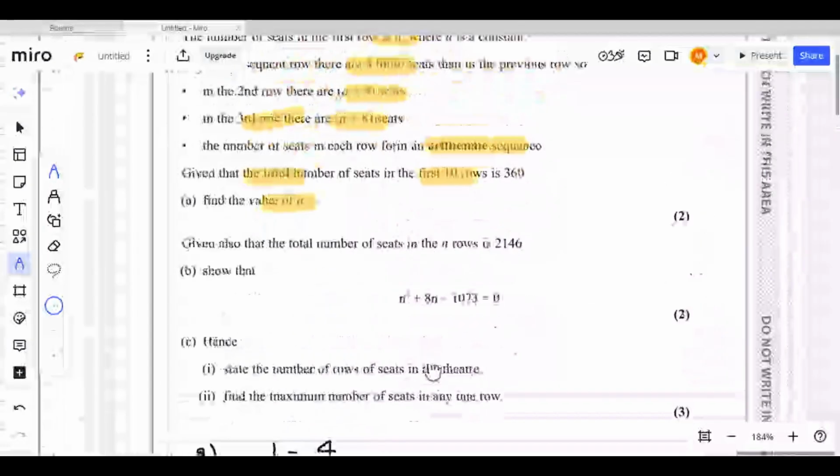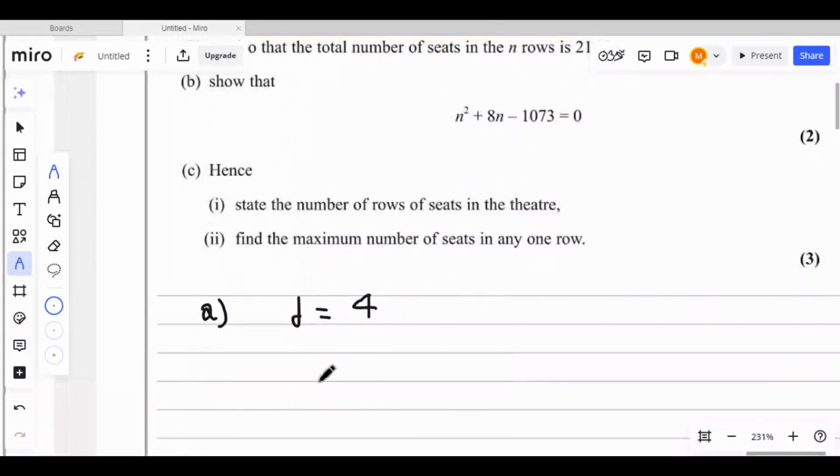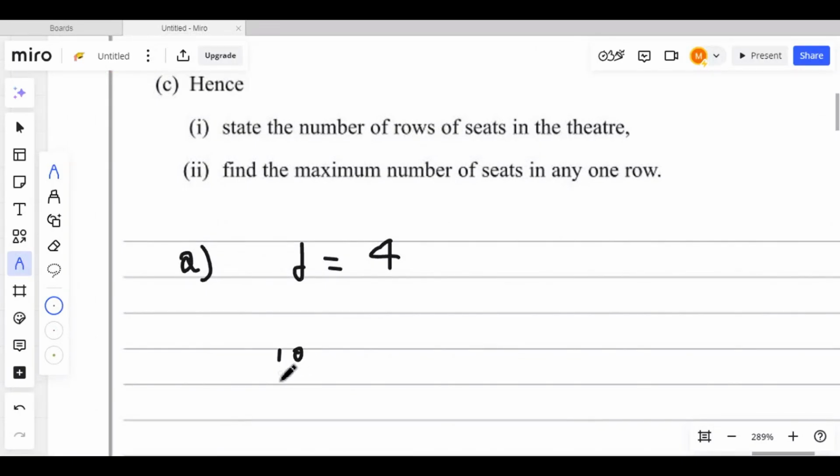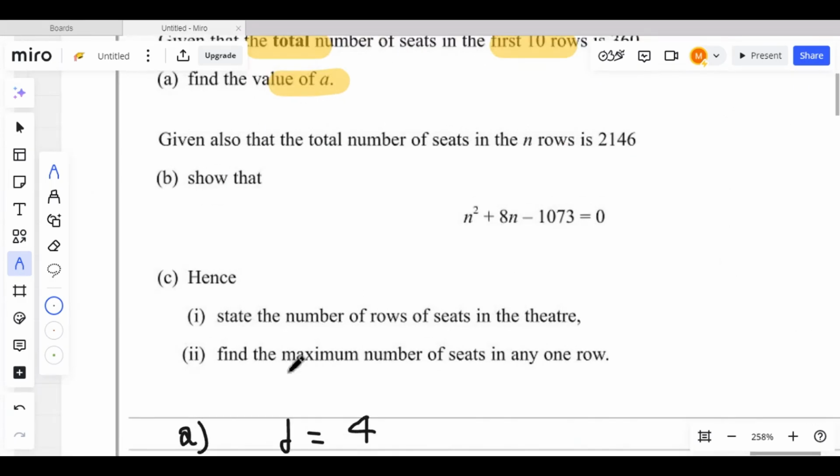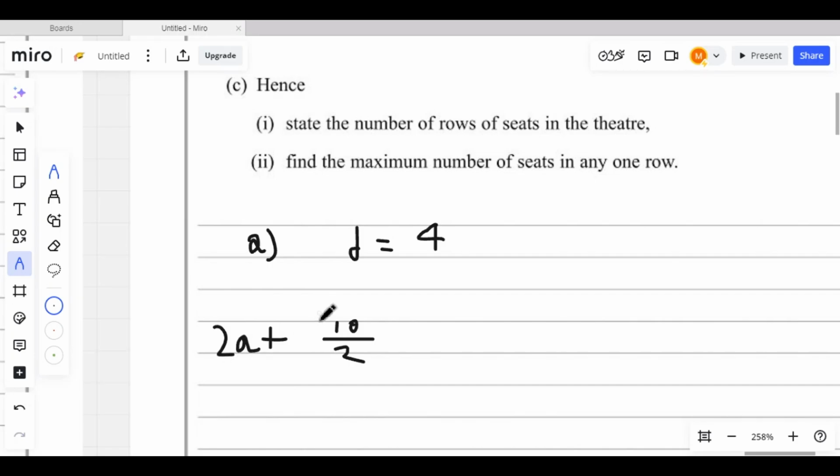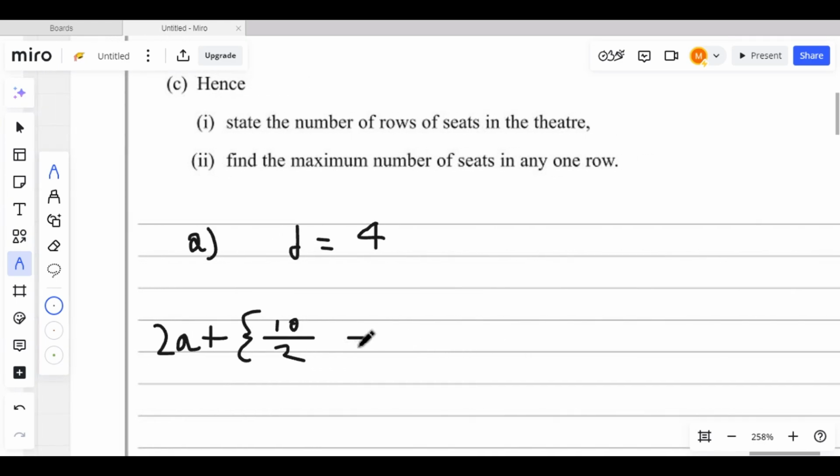Okay, so for 10 rows, it will be 10 over 2, n over 2, times twice of A. The first term is unknown, A. So twice of A plus n minus 1 times D, right? It has to be n over 2. So 10 over 2.